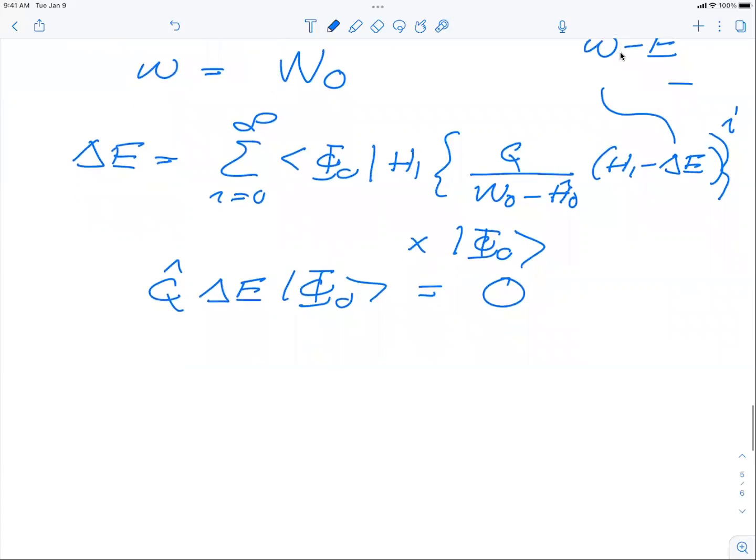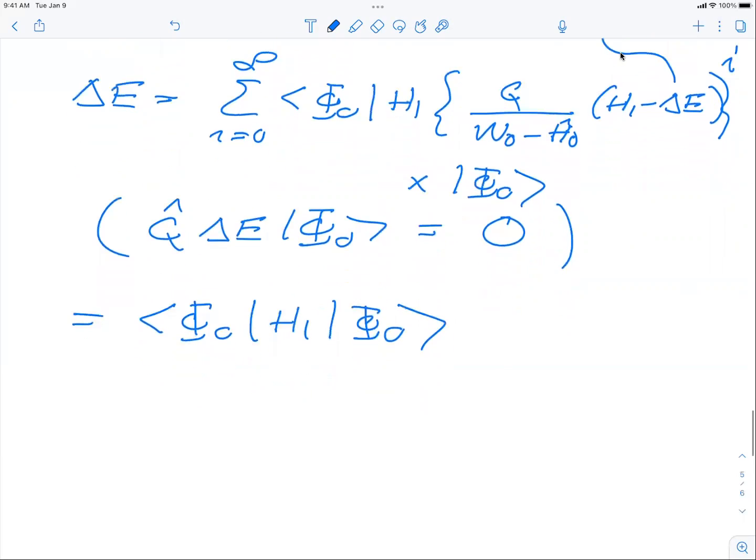So if you look at the expansion, if we write it out, so let's keep this as an intermediate step, what we get is phi 0 of H of I, phi 0. So this is as before, nothing new there.